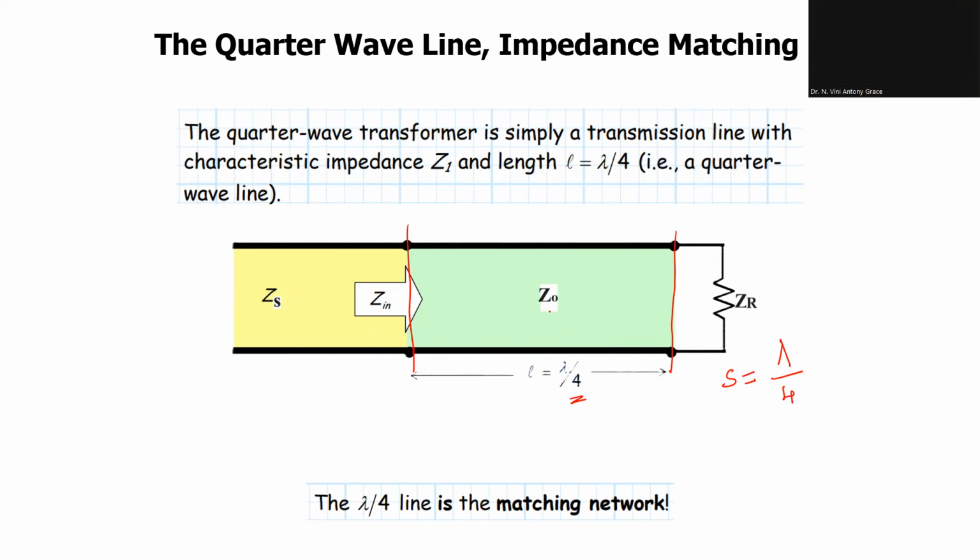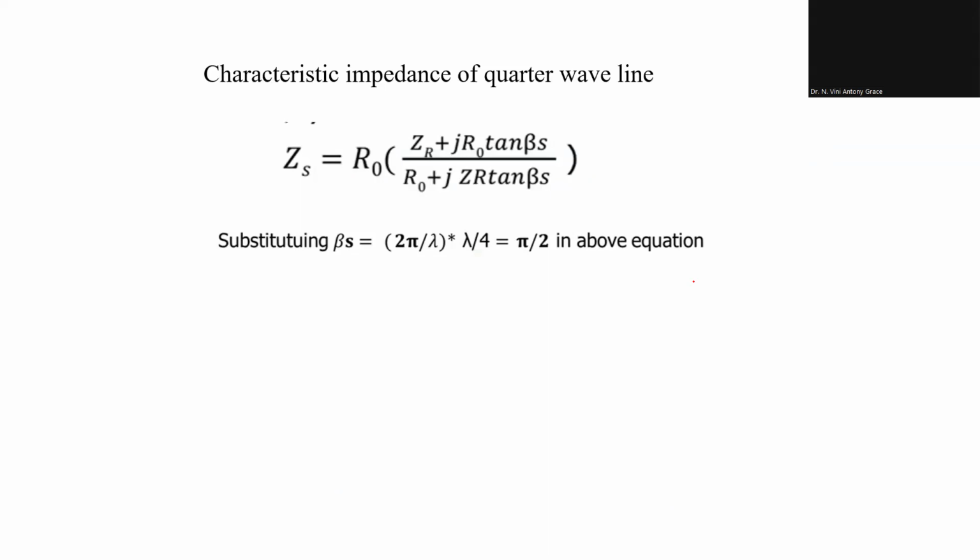Now, we are going to find the characteristic impedance Z0 of this short piece of a transmission line of length lambda by 4. This is called the matching network. We all know that the input impedance, that is the source impedance of any transmission line, is given by ZS equals R0 into ZR plus J R0 tan beta S, divided by R0 plus J ZR tan beta S. This is the actual input impedance of any transmission line.